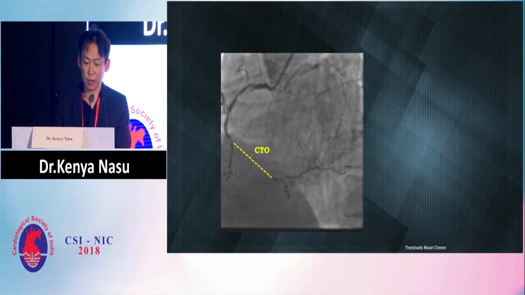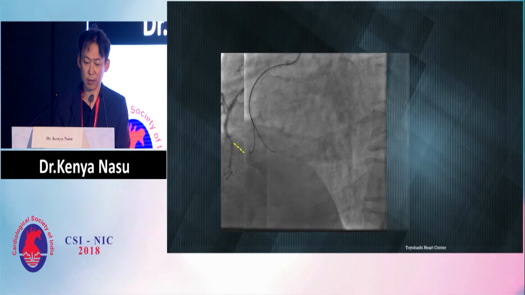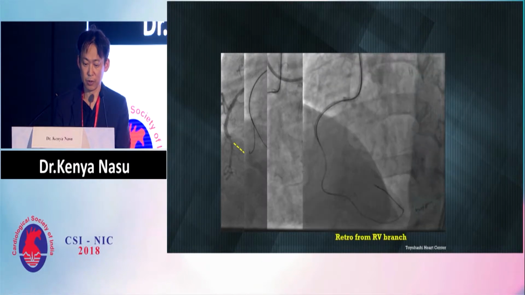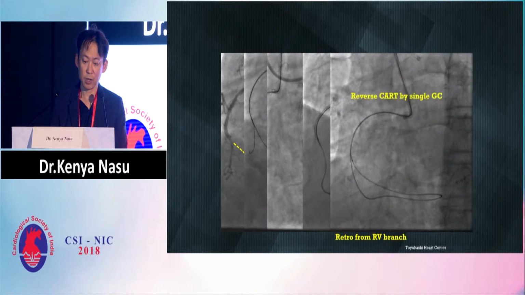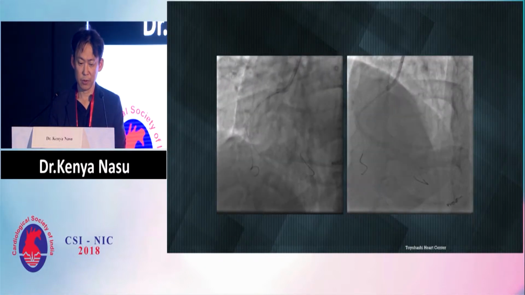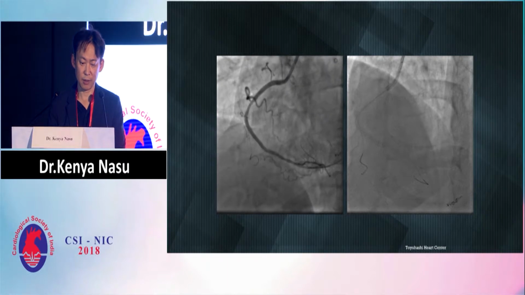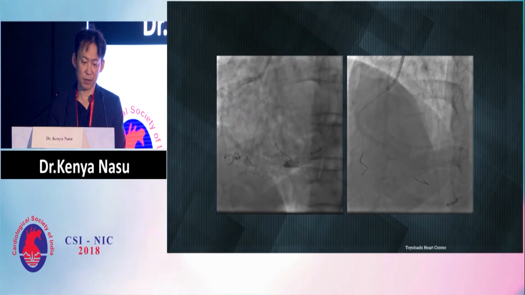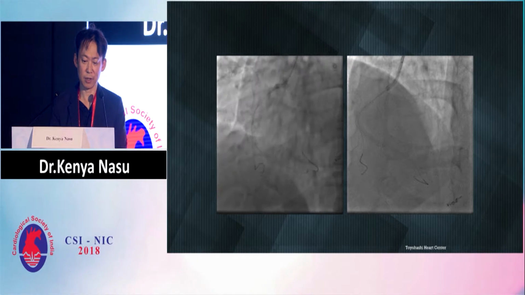After failure of the antegrade approach, I used the retrograde approach from the RB branch. After crossing the wire, we treated with a single guiding catheter. This is almost the final shot, but you can see that something is going down to the distal RCA.